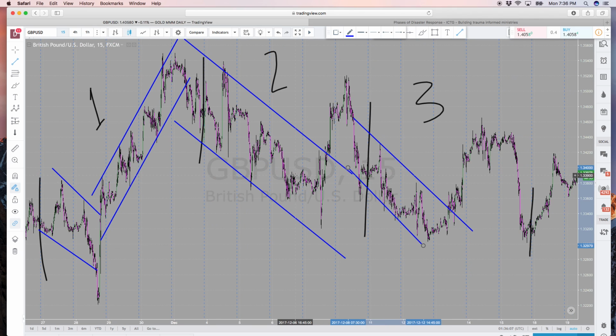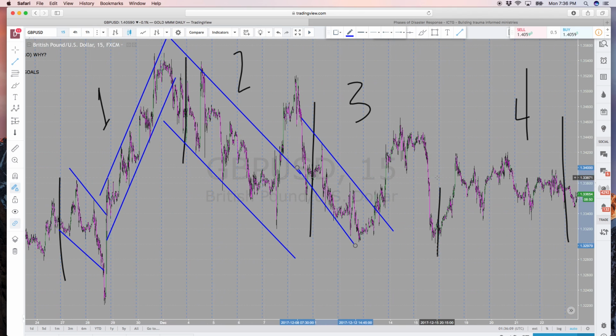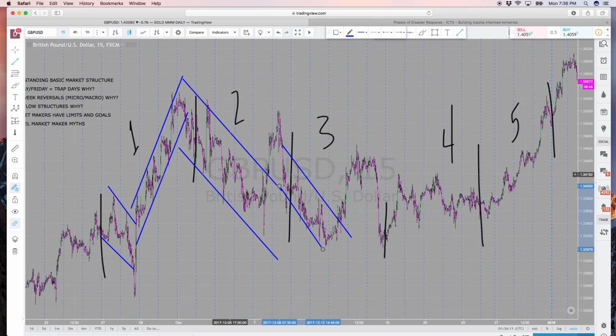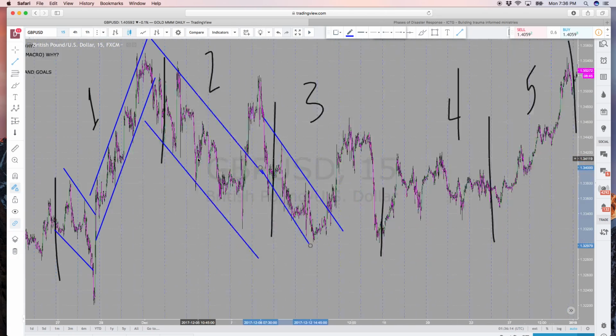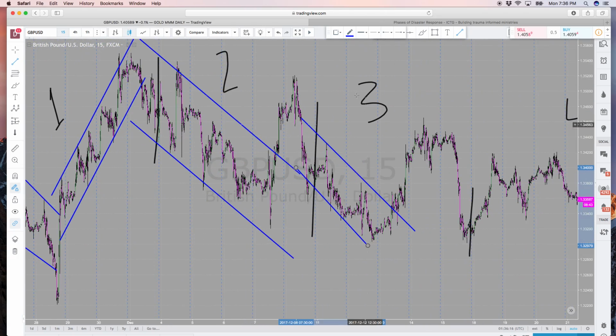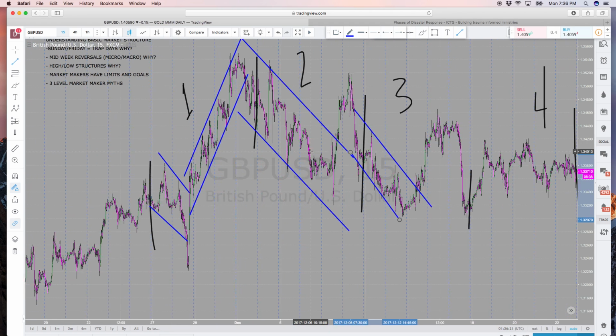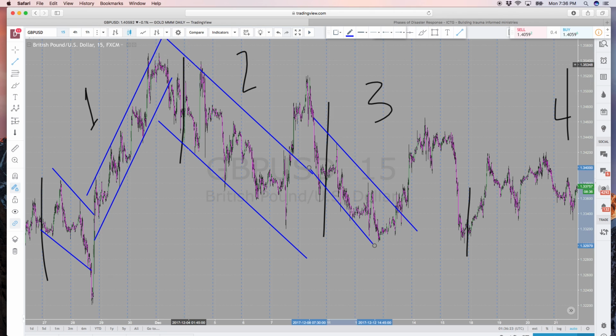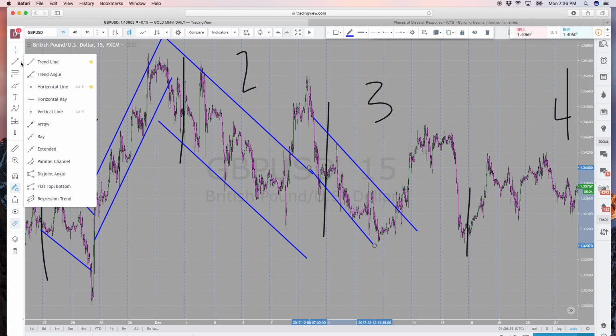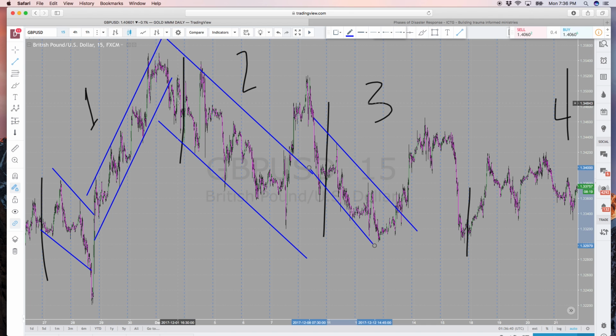I'm going to show you guys the 15-minute chart because it's relevant to basically how the trends are created on an intraday scale, through the week, and also not only on a weekly scale but also on a monthly scale. So we'll get to that as well.